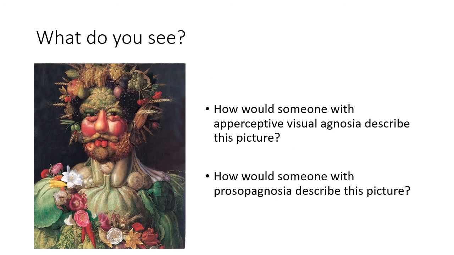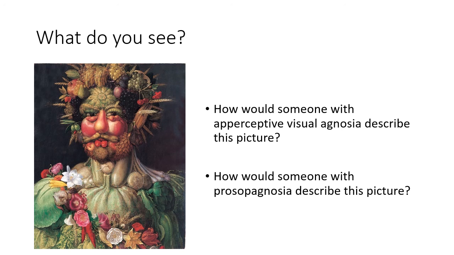So let's look at this picture. If you don't have any type of agnosia, what you should see here is a bunch of fruit making up a face. However, someone who has apperceptive visual agnosia, not prosopagnosia, will still see the face because they don't have damage to their fusiform facial area.